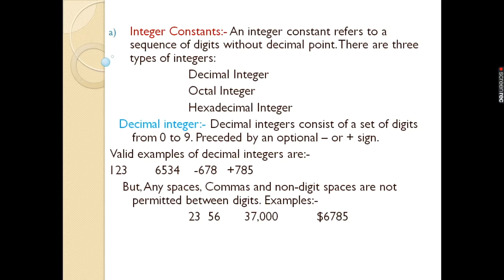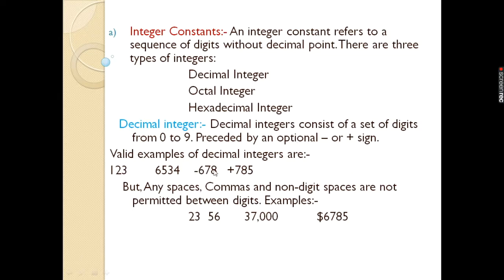Valid examples of decimal integers are 123, 6534, minus 678, plus 785. Here these numbers consist of digits from 0 to 9 preceded by an optional minus or plus sign.